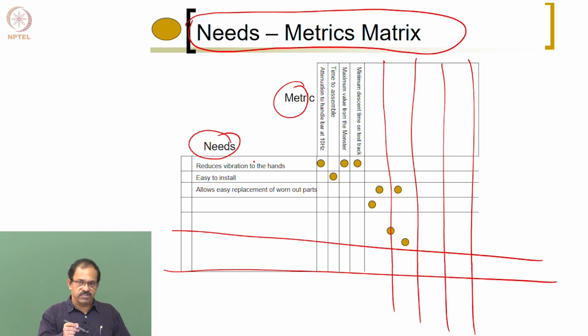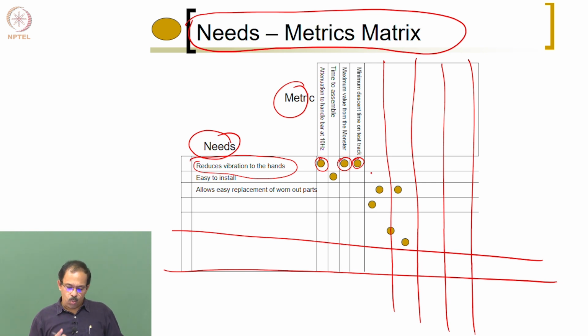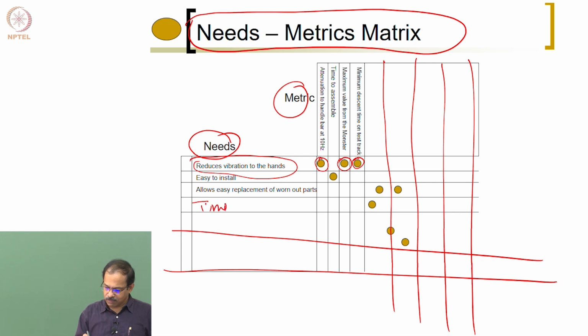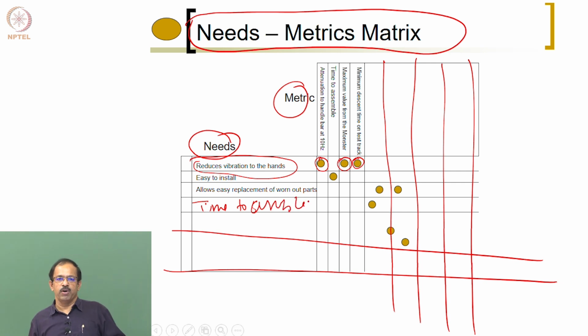So for example, you have reduces vibration to the hands as the need, and you identified 3 metrics which correspond to this. So we'll make this, and suppose you know that one metric is much more important than the other metric. For example, time to assemble. For time to assemble, you have many metrics.